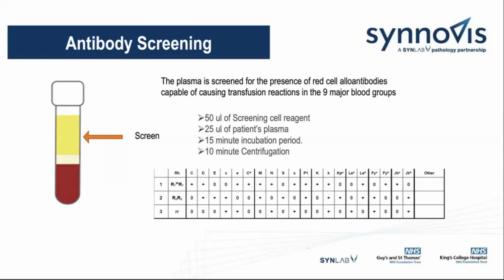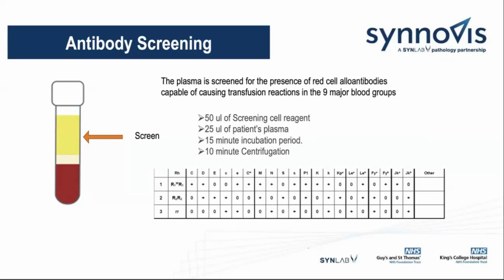The reagents that we use are donor cells that are selected from suppliers, and each of these will have a selection of antigens that they are positive or negative for. Due to the complexity of the red cells demonstrated in the previous animation slide, they've not yet been able to supply reagents with independent antigens. Therefore, we have to do a bit of investigation to try and figure out the patterns.